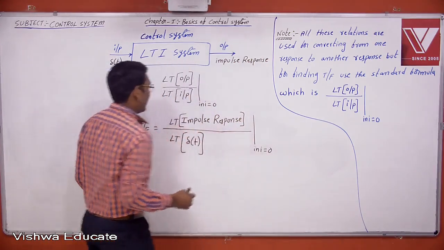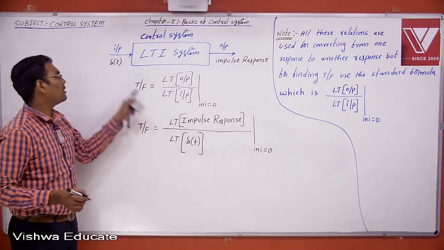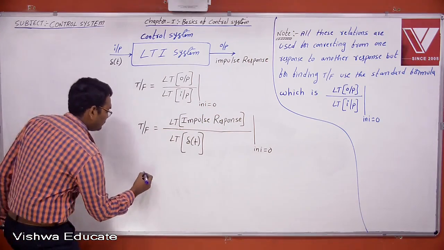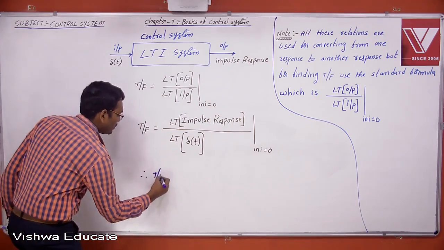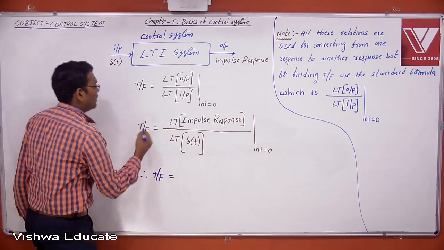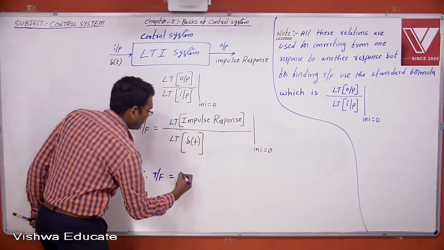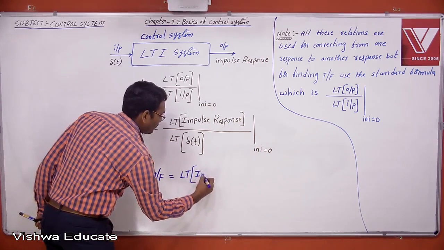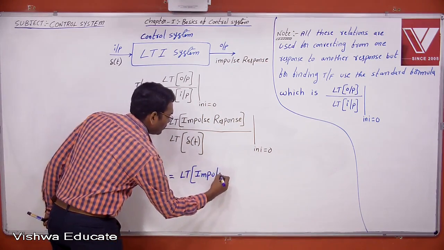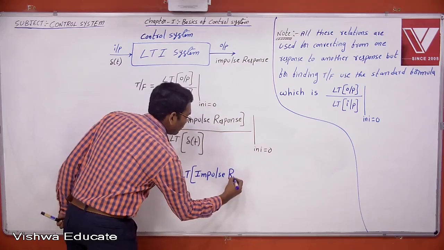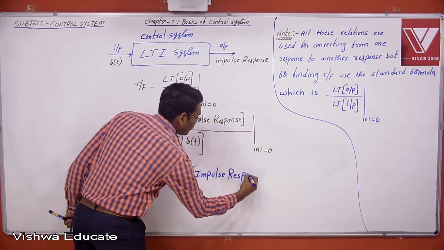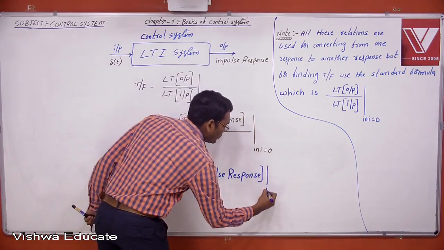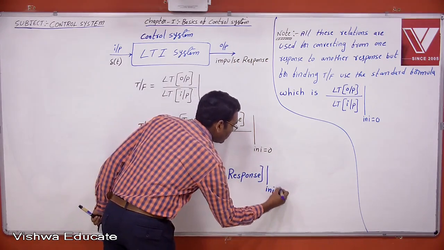What is the Laplace transformation of impulse? It is equal to 1. Therefore, the transfer function of a linear time invariant system is directly the Laplace transformation of the impulse response with all initial conditions equal to 0.